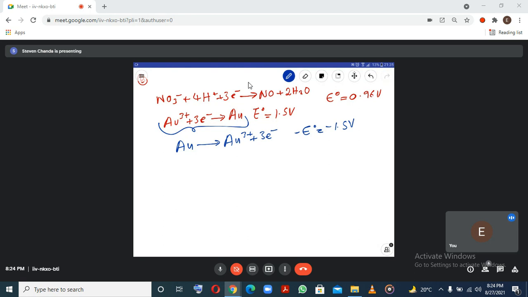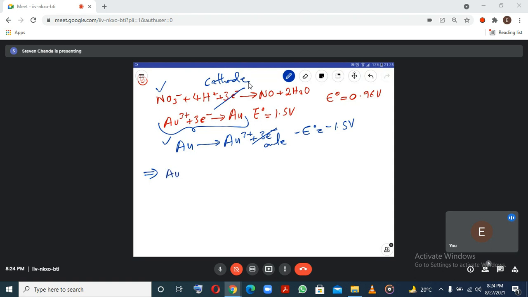So when you look at that, what then do you do? You now combine the two equations, this one and this one. This one will be the cathode, and this one will be the anode. Of course, electrons cancel. Then you can write your things. Okay, so let's write that.